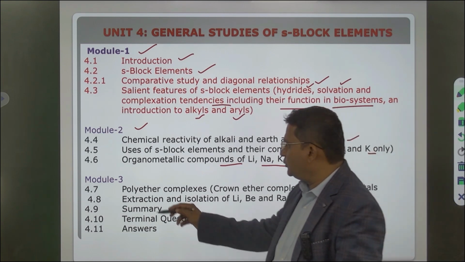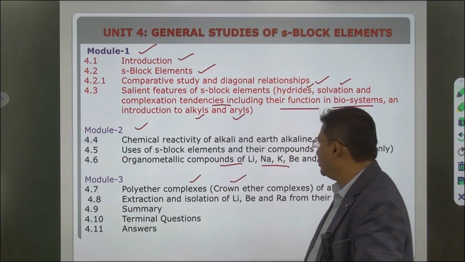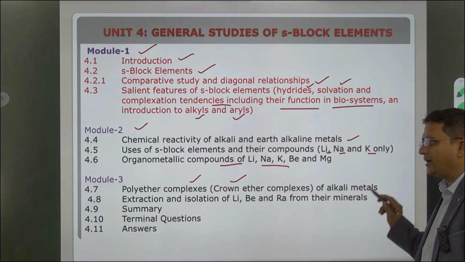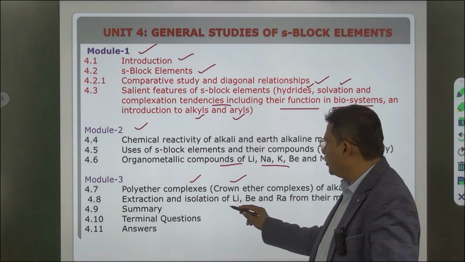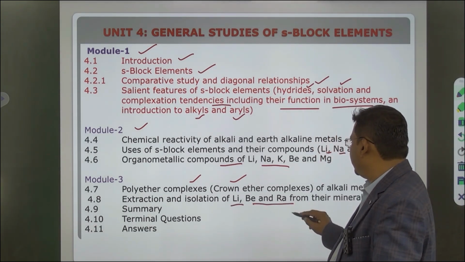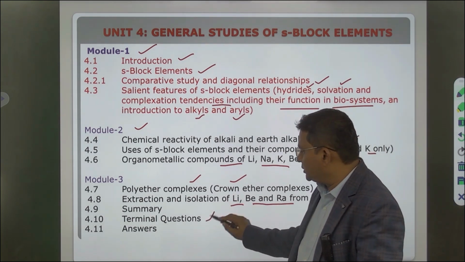In module 4, you study polyether complexes like crown ether complexes of alkali metals, extraction and isolation of lithium, beryllium and radium from their minerals, summary, terminal questions and answers.